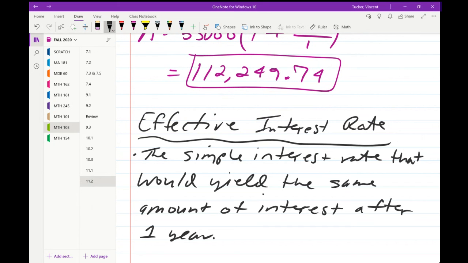All right, so the effective interest rate is the simple interest rate that will yield the same amount of interest after 1 year. All right, so let's see how we will find that.